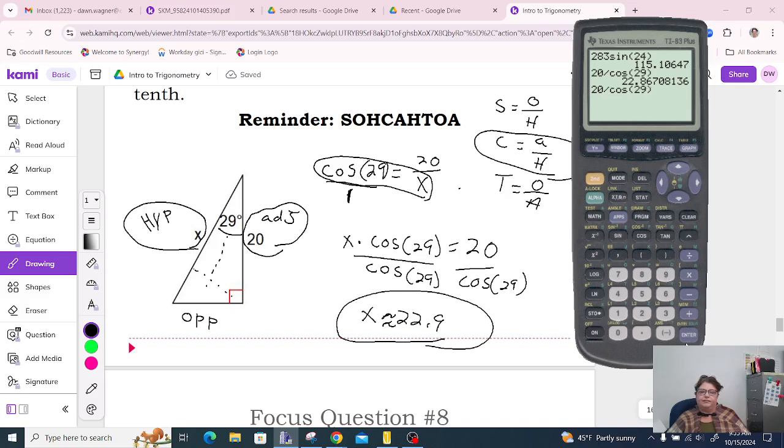I always end my parenthesis and press enter. Okay. Did you get that? Nice. Did everybody get 22.9? Yes. Anybody need me to look at their calculator?